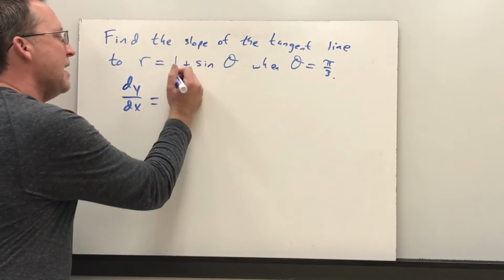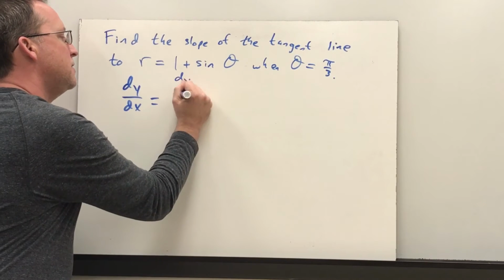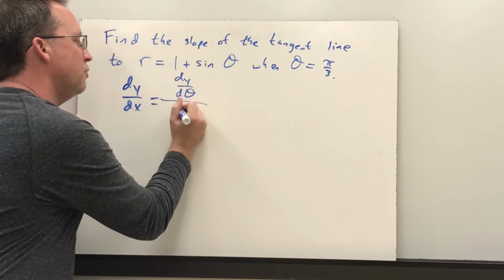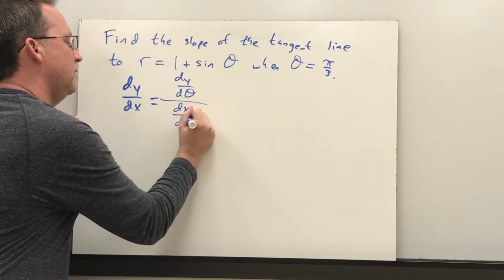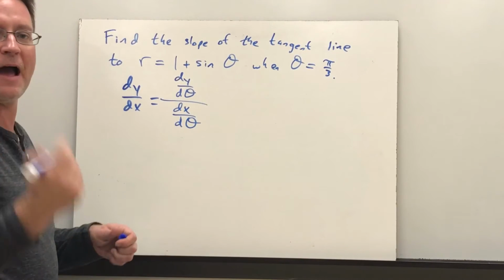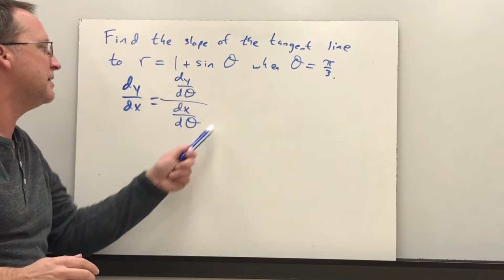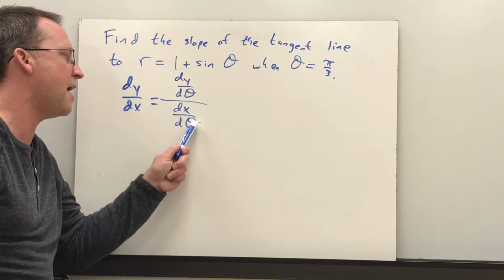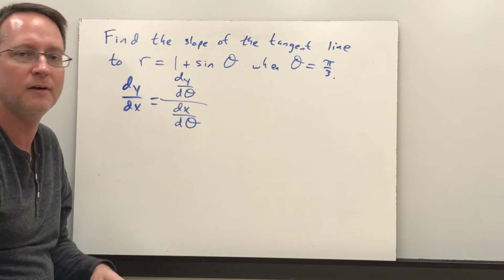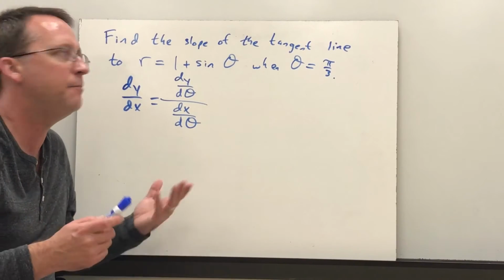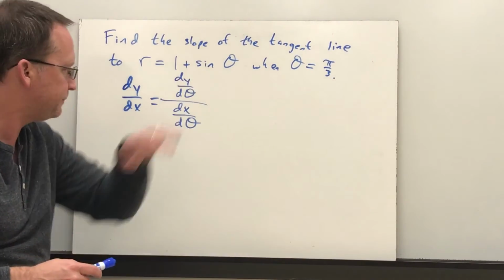So to find dy dx, you're going to do dy over d theta over dx over d theta. If you go back and think about derivatives of parametric equations, it's the exact same concept, only now there's a theta here instead of a t. Parametric equations deal with time, polar equations deal with angles.